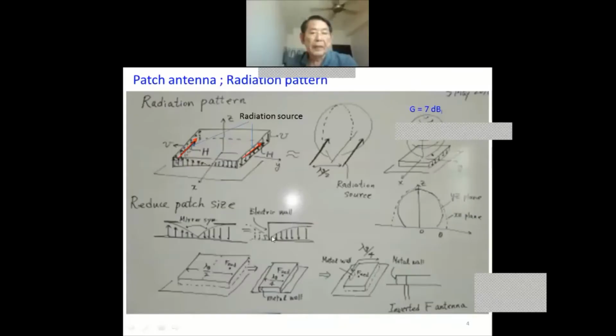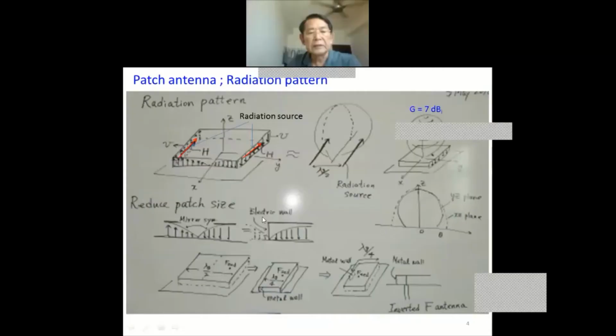From here, this wall shows as if behind the wall there is an inverse electric field. So this original structure and the wall in the center produce the same electric field distribution.